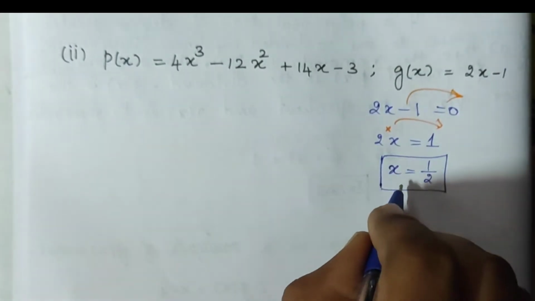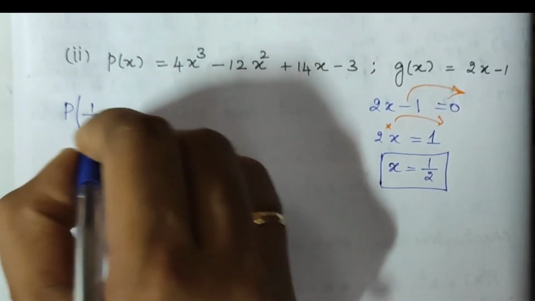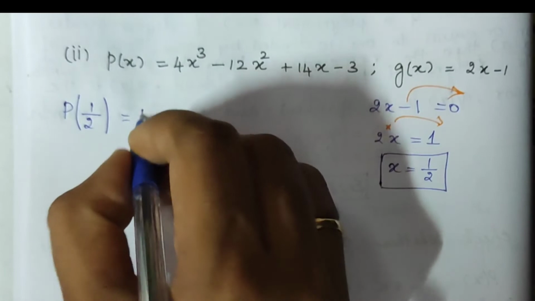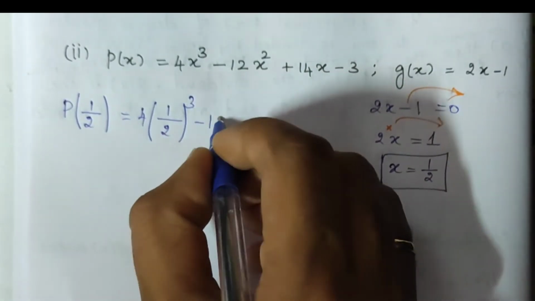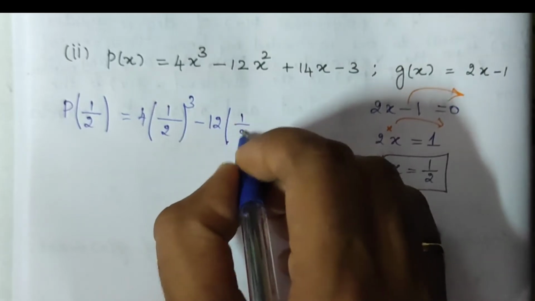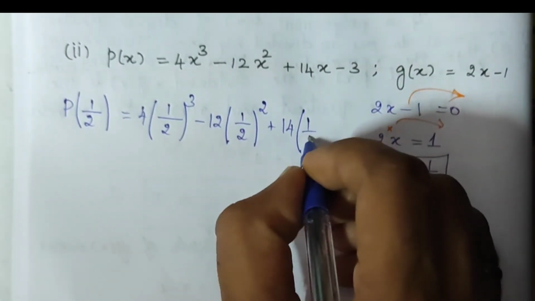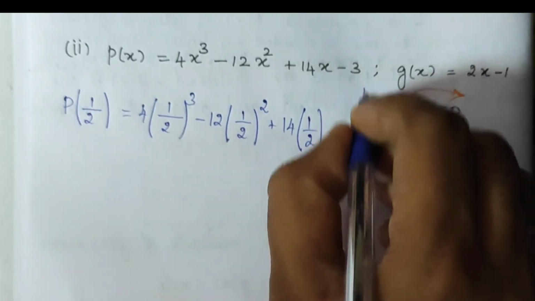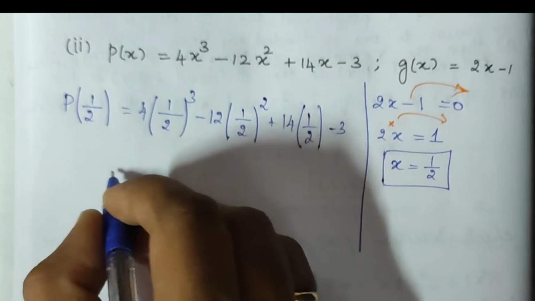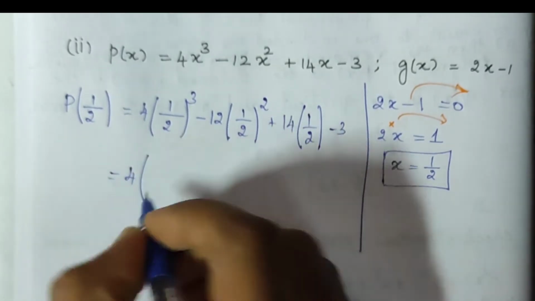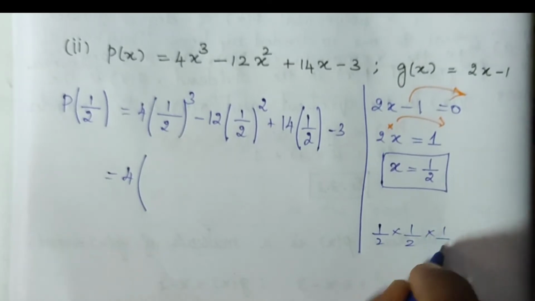Now we are going to substitute x is equal to 1 by 2 in the place of x. So p of 1 by 2 is equal to 4 into 1 by 2 cube minus 12 into 1 by 2 square plus 14 into 1 by 2 minus 3. So 4 into 1 by 2 into 1 by 2 into 1 by 2.